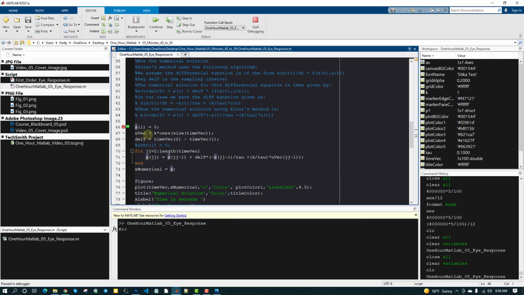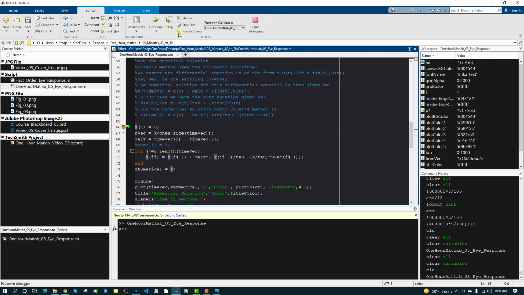And the u vector is a vector that is the size of the time vector. It is just a vector of ones whose size is the size of the time vector, and I'm multiplying this with k. In this case k is 1, but it can be any value for other differential equations.